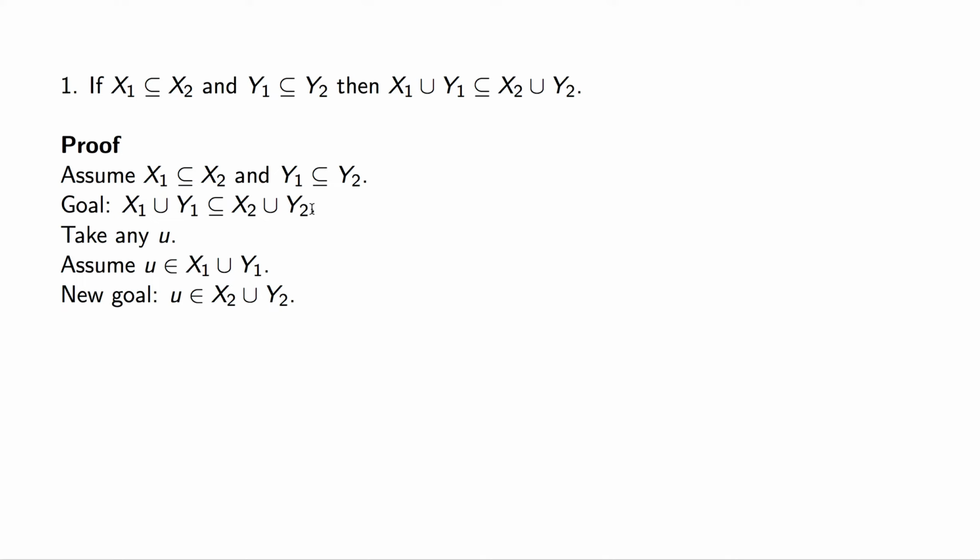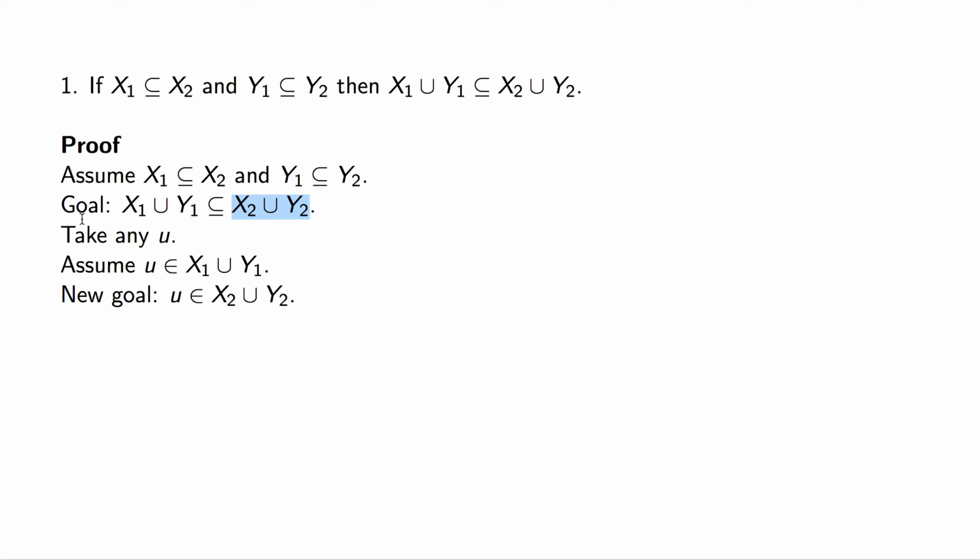And our new goal is now, we have, maybe I should say, we have an additional assumption that U is a member of the left-hand side. And our new goal is that U is a member of the right-hand side on this line.